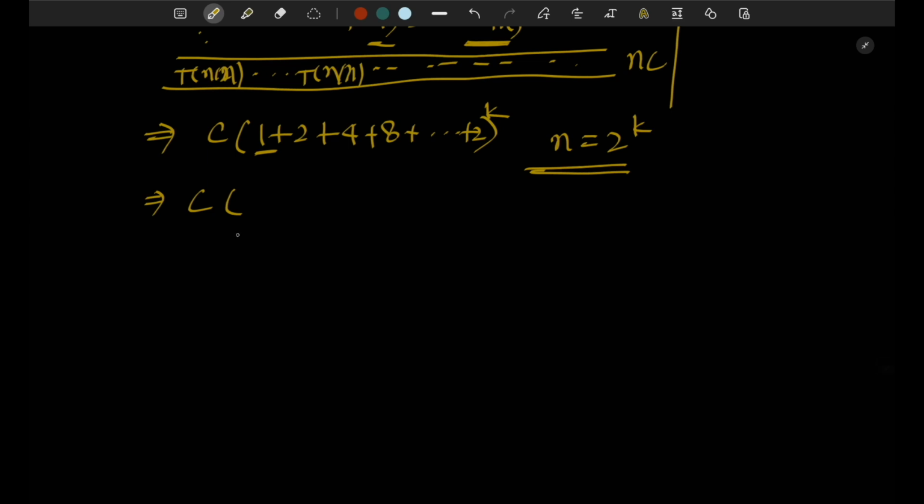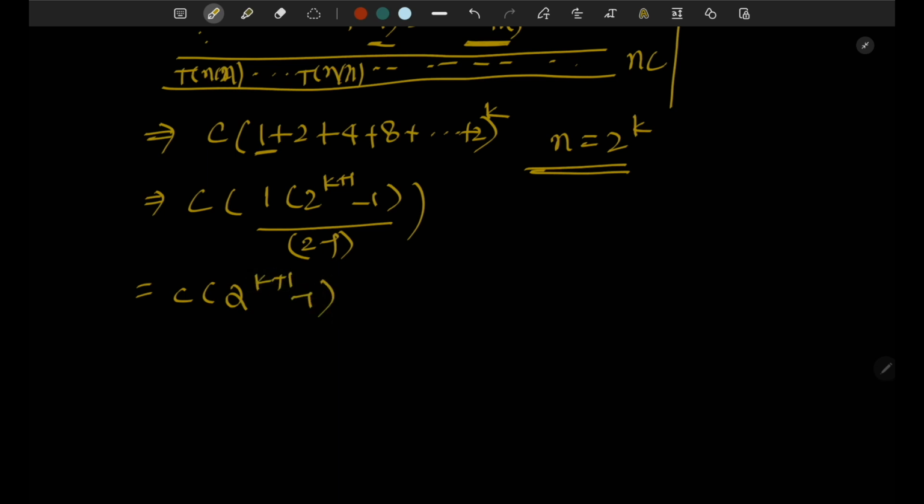So using the formula for geometric progression, we could write this as 1 multiplied by 2 to the power k plus 1 minus 1 divided by 2 minus 1, and this would be c multiplied by 2 to the power k plus 1 minus 1. And since we saw that n is 2 to the power k, 2 to the power k plus 1 is going to be 2n, and eventually we could represent this as big O of n.